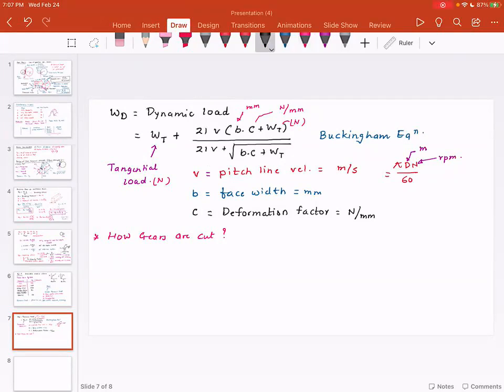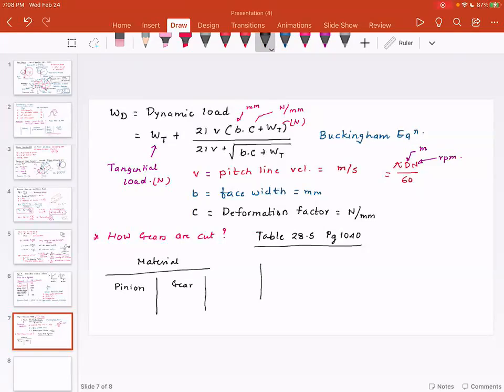If you look at table 28.5 on page 1040 in your textbook, you will see a table where you have the material, and this gives you a pair: you have the pinion and you have the gear. And then you have the pressure angle.